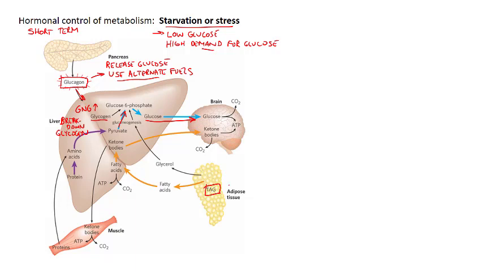So remember, when we were talking about beta oxidation and the use of fatty acids as fuels, there was that enzyme called hormone-sensitive lipase. Hormone-sensitive lipase is activated by glucagon, which means that fatty acids are going to be released into the bloodstream.